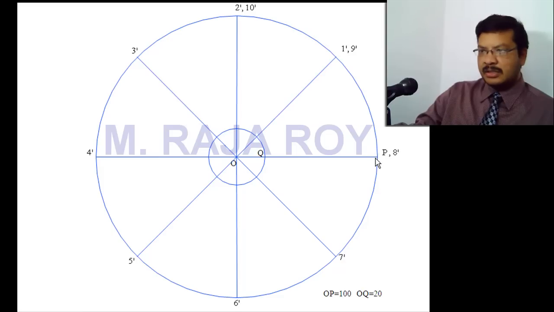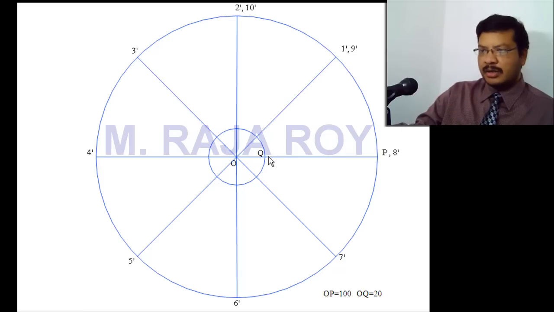And the distance PQ, you have to divide into 10 equal parts, because 10 parts you have considered on the circle. That's why this PQ distance, that means the point is moving from P to Q, you have to divide into 10 equal parts.